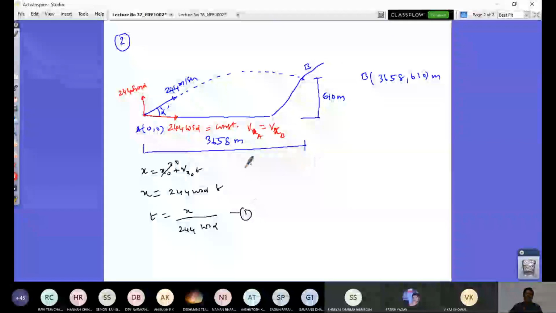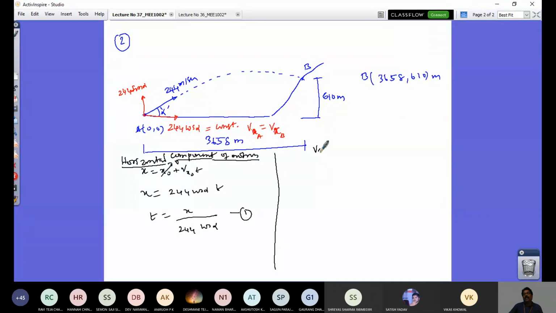Then let us consider the vertical motion. The earlier one was the horizontal component of motion. For convenience, I'm resolving the motion into a horizontal component of motion, and another I'm going to look at is the vertical component of motion.